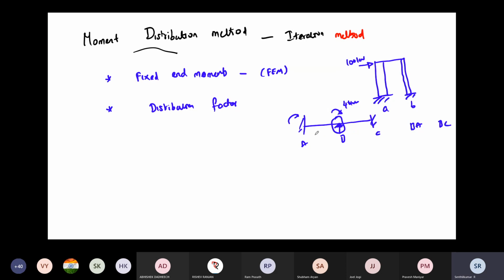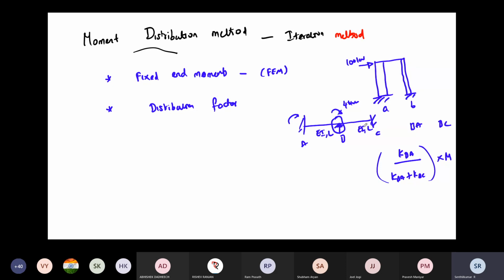It is based on the stiffness of member BA and the stiffness of member BC. If I know the stiffness of BA, then KBA divided by KBA plus KBC gives the relative stiffness. This is the overall stiffness of the joint.